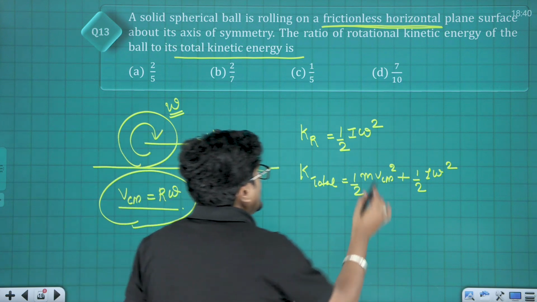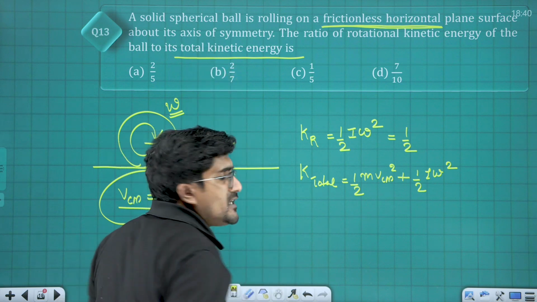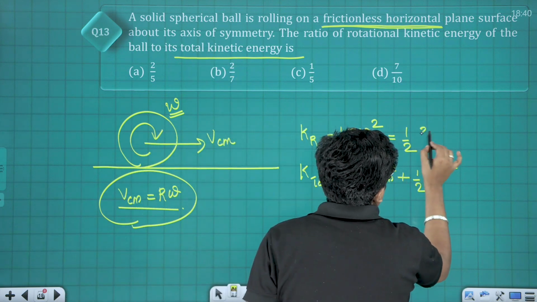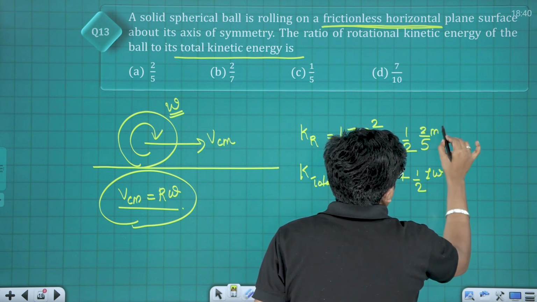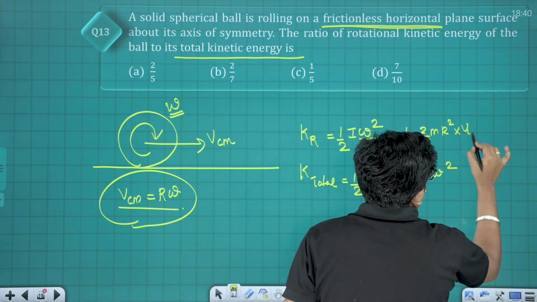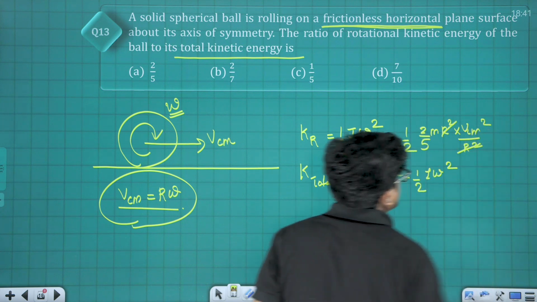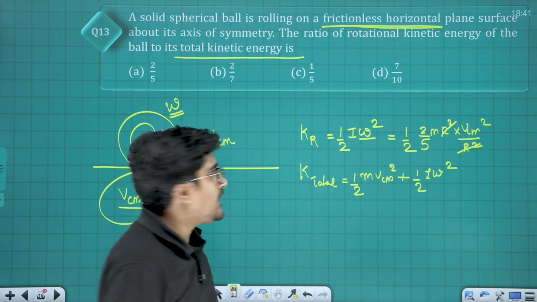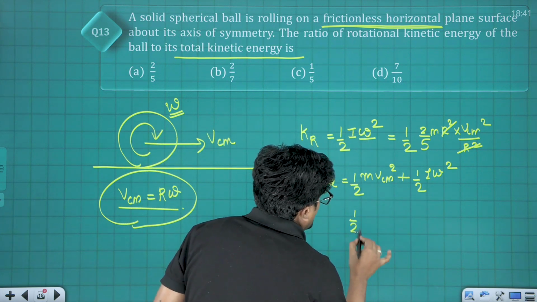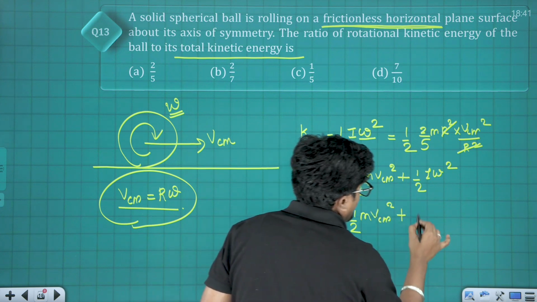Here this is a solid sphere whose moment of inertia is 2 by 5 mr square. So 2 by 5 mr square into omega square, and omega square is VCM square divided by R square. So here this one and this one will cancel.